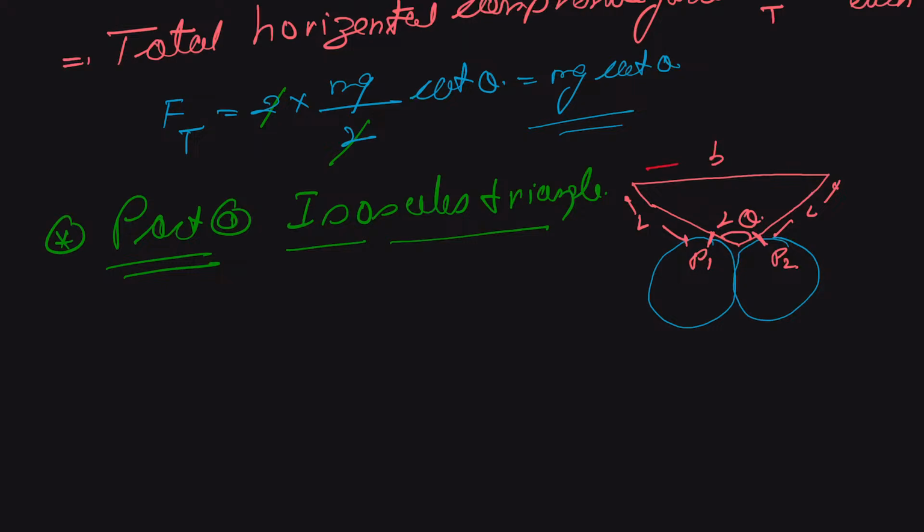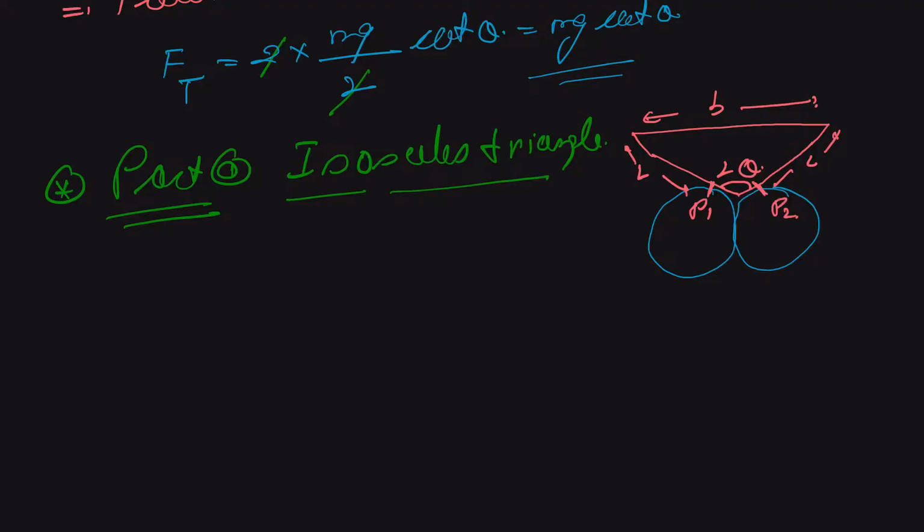Therefore, if B is this base length, we have the base length B will be equal to 2L sine of theta.